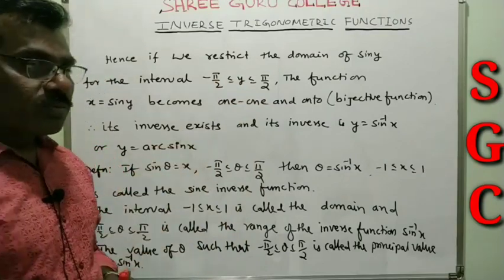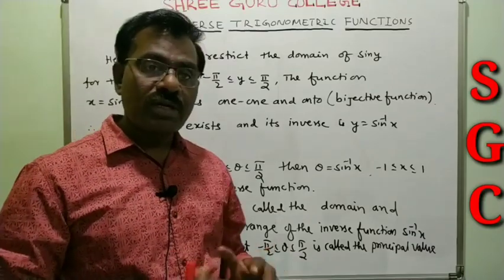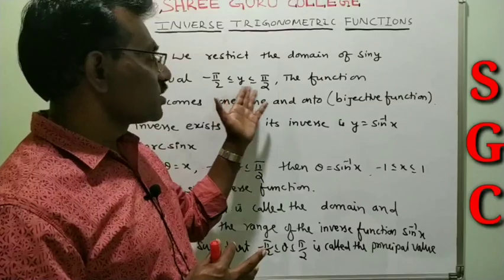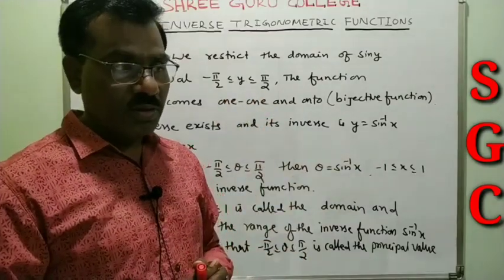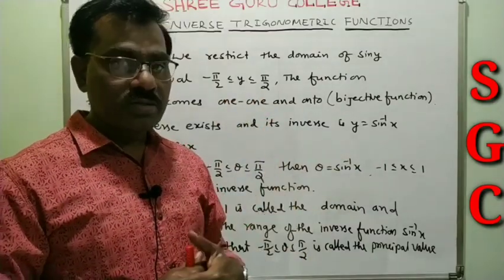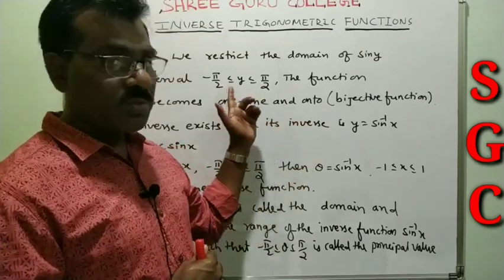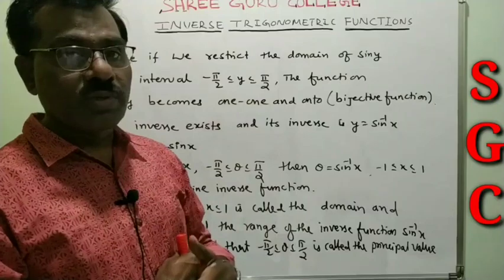Between minus 90 and plus 90, different elements have different images. So it is a bijective function from minus 90 to plus 90. You take different values, you get different answers only. No one is repeated.